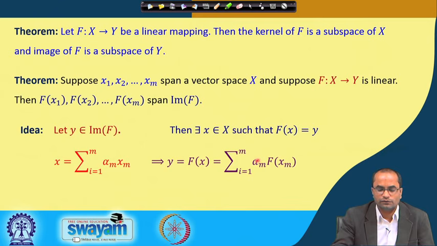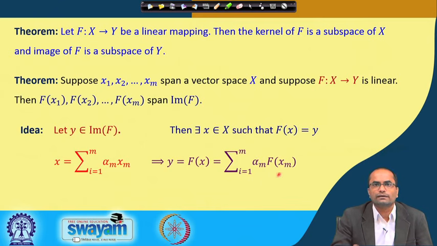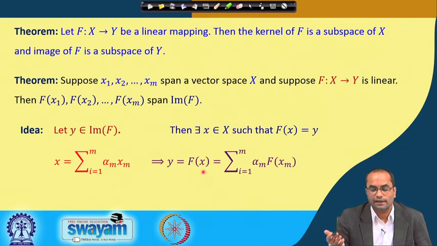Due to the linearity of the map, we can take f inside, because the alpha i's are constants. That is the definition of a linear map. So f of alpha 1 x 1 plus alpha 2 x 2 and so on equals alpha 1 f x 1 plus alpha 2 f x 2 and so on.